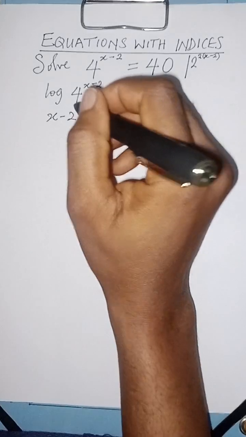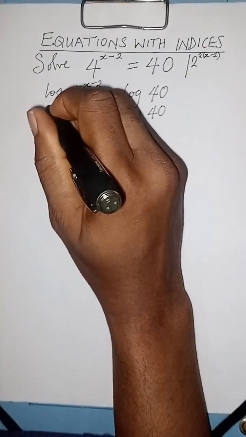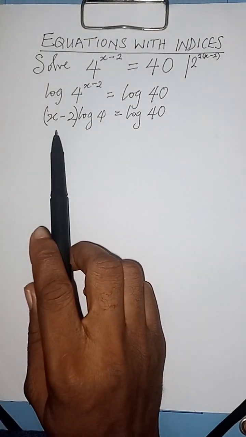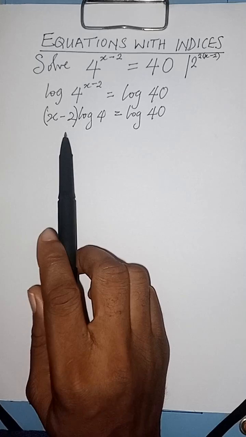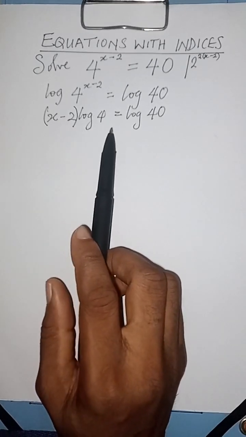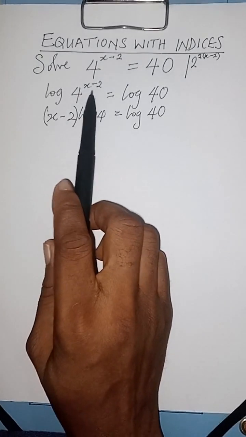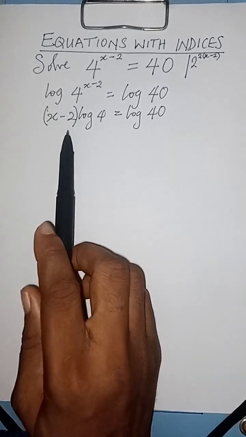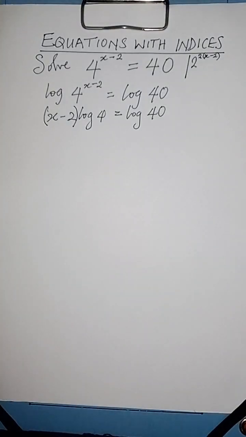Please recall that this x minus 2 will be placed in brackets. If you don't, it will look as if it is x minus 2 log 4, which is not the case. Since the x minus 2 is the power and you're bringing it to the side, use a bracket to enclose it so that you are not confused.